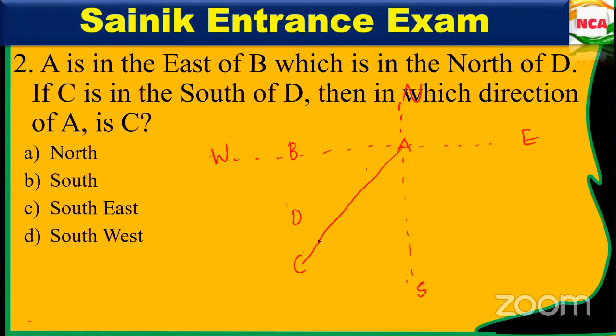In which direction is it? It is between west and south, so it is in the southwest direction. It is in the southwest direction because it is between the south and the west direction. So we can directly say that with respect to A, they are asking with respect to A. That's why we are writing it as southwest.